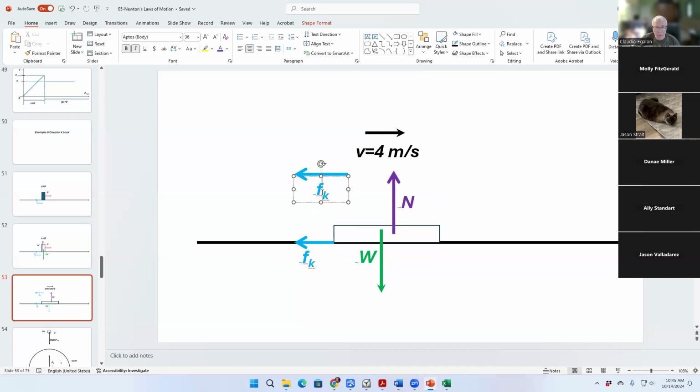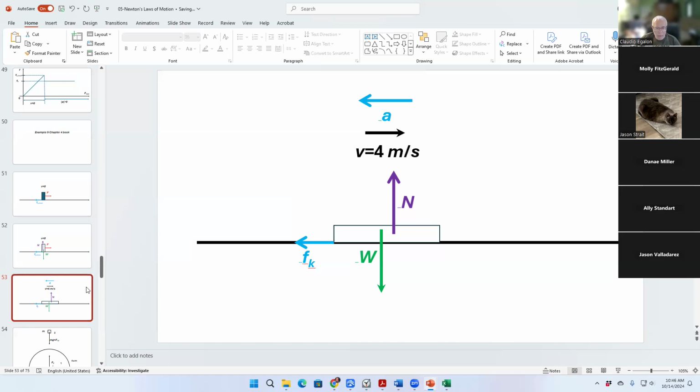Just like before, I'm making the acceleration the same color as the force vector. I'm going to put it here at the top of the velocity, just to illustrate the fact that this velocity must decrease as time goes by, because the acceleration is contrary to the direction of motion.